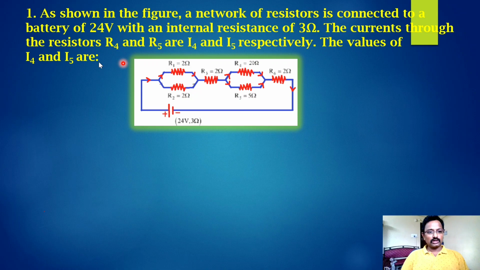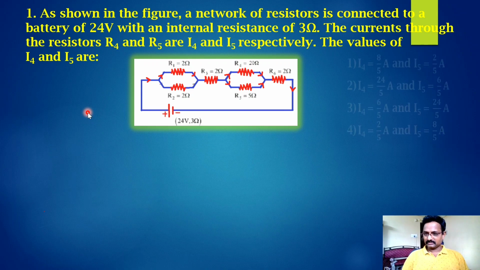The currents through the resistors R4 and R5 are I4 and I5. We have to find I4 and I5.